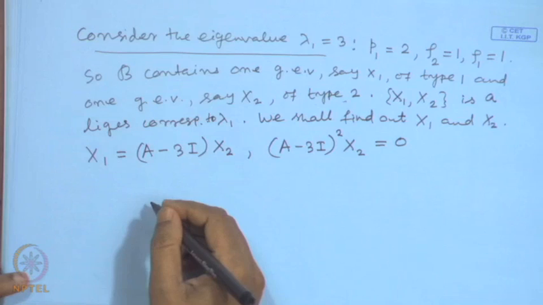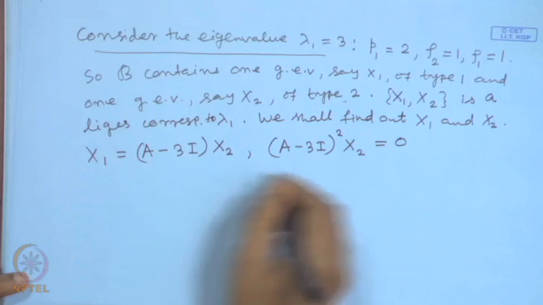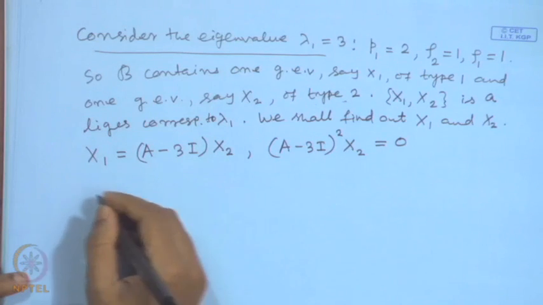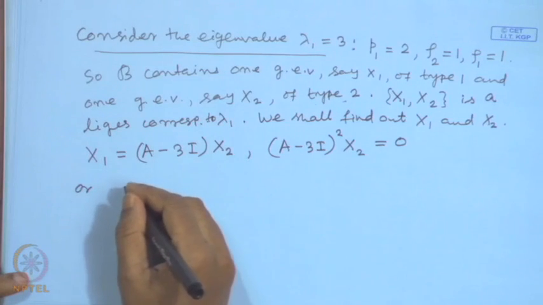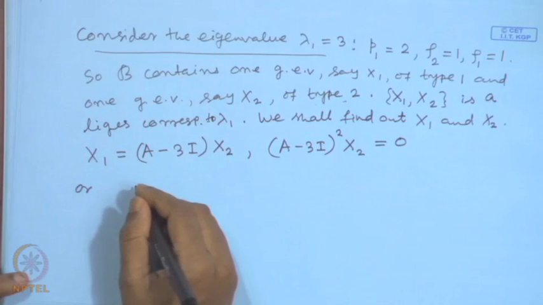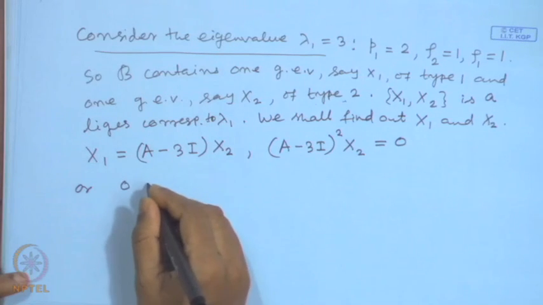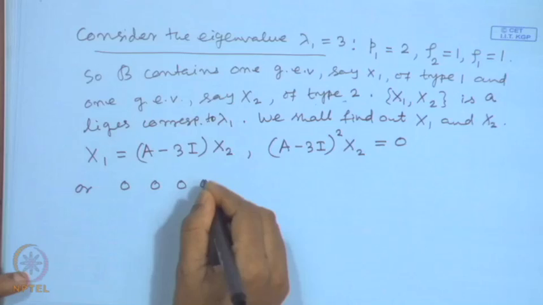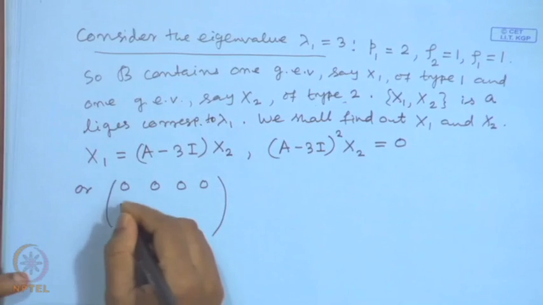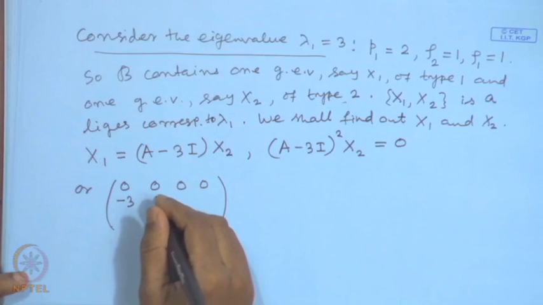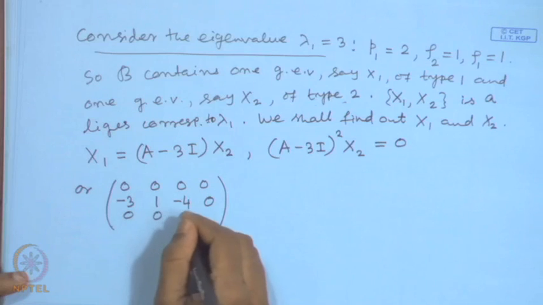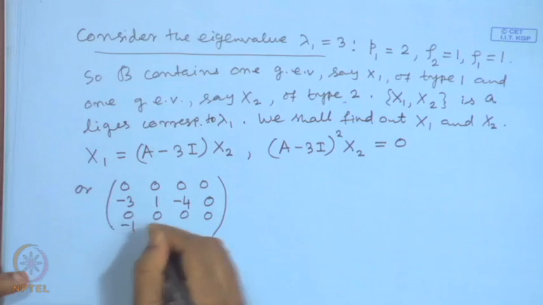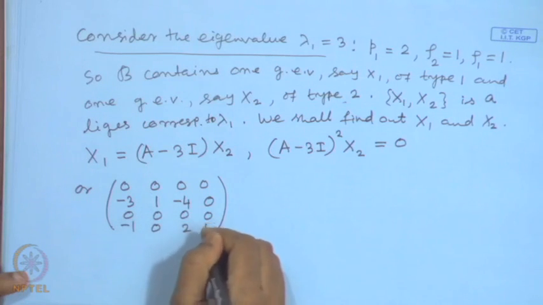Then for finding x 2, we compute (A minus 3I) whole square, which is like this. It is the matrix whose first row is all 0, second row is minus 3, 1, minus 4, 0, then 0, 0, 0, and minus 1, 0, 2, 1.